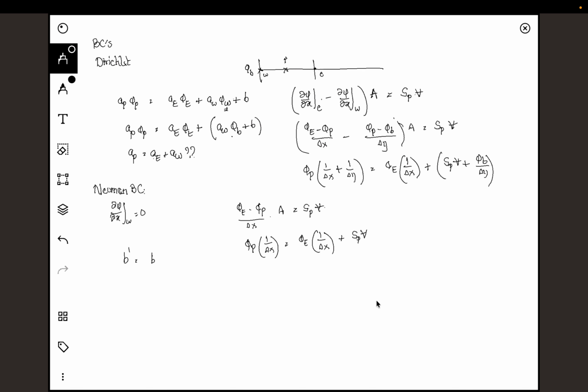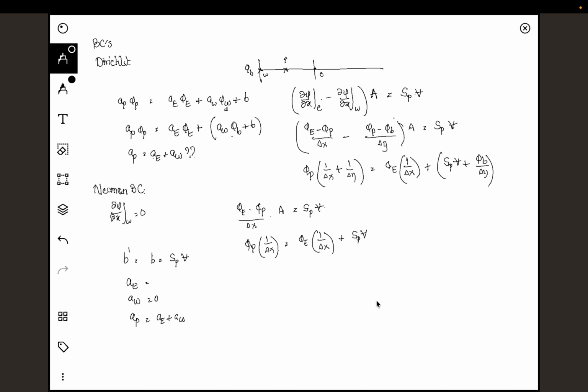I'll just call it B prime and nothing else. So this will be just SP times V. A east will remain the same. A west will become 0 whenever we have 0 flux. And then AP will basically be A east plus A west. This still applies. The only thing that is changed is the value of A west becomes 0.